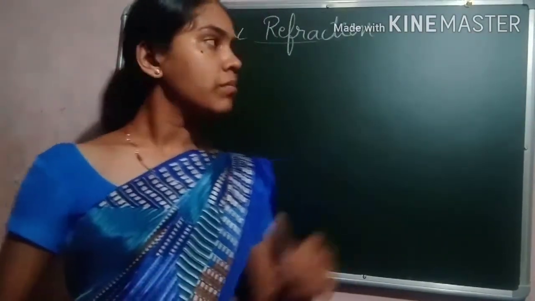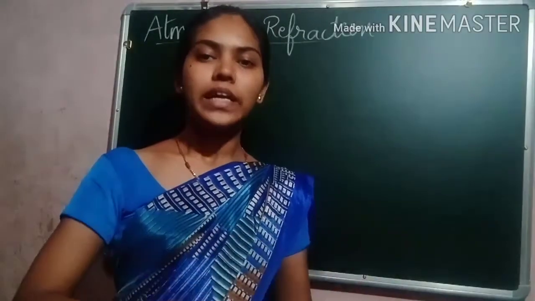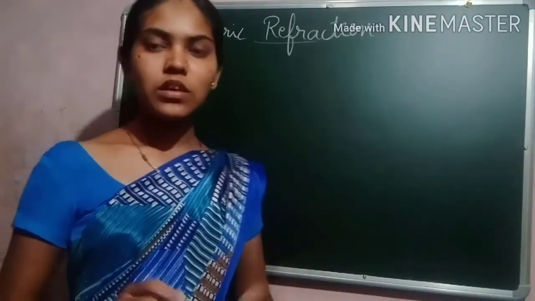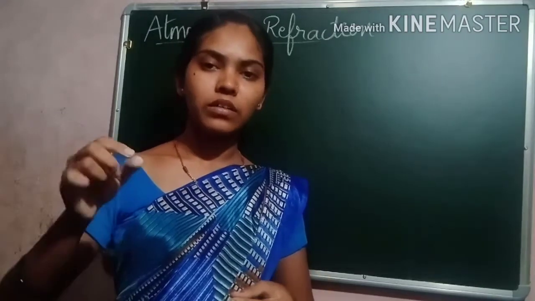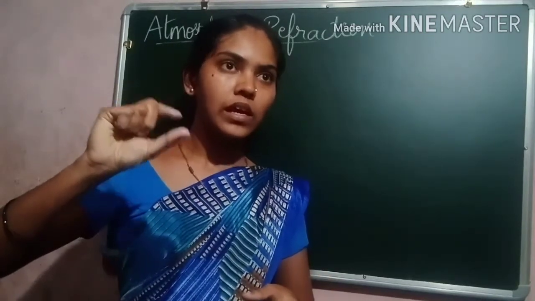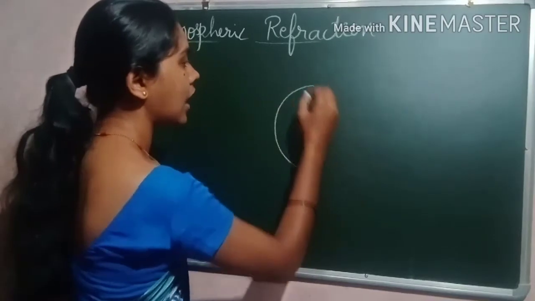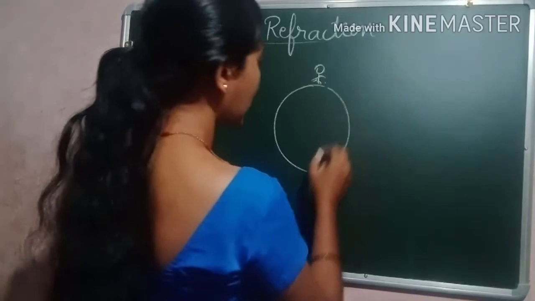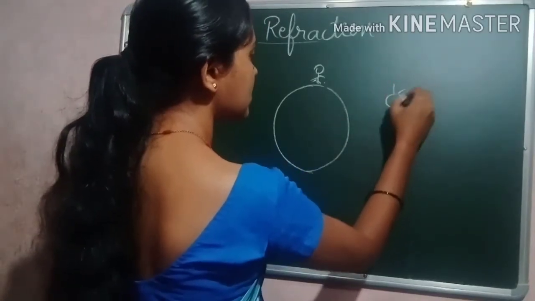Then the reason behind the advanced sunrise and delayed sunset is also the same, atmospheric refraction. Because of the refraction of light, consider there is an atmosphere and we are standing on the earth, and the actual position of the sun is here.